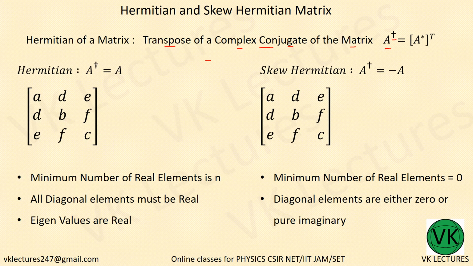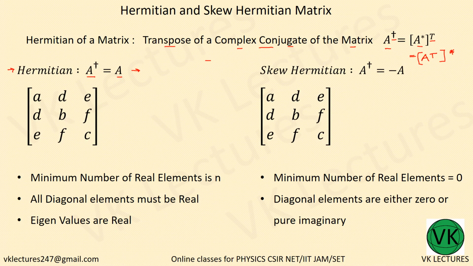A dagger is equal to A star, that is the complex conjugate, and the transpose; it is the same whether you take the transpose and then do the complex conjugate. Now what do you mean by Hermitian? Hermitian means if you take the transpose and the complex conjugate, that means if A dagger equal to A, then this is called a Hermitian matrix.